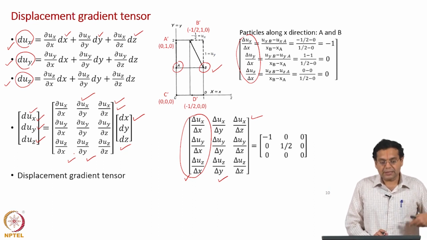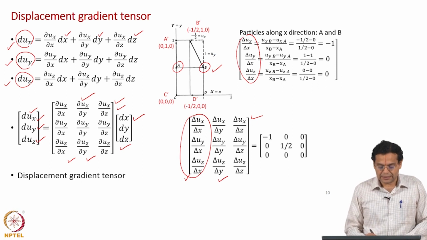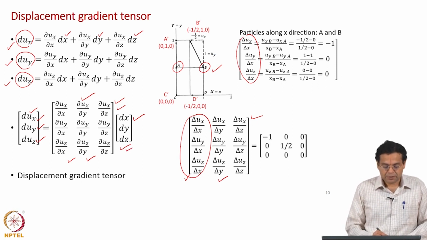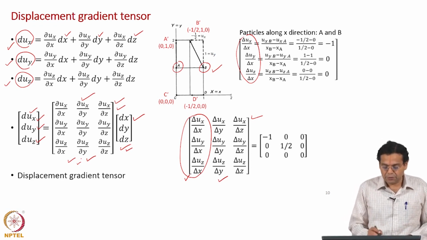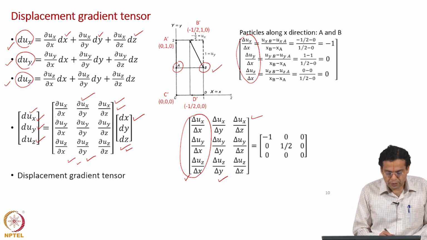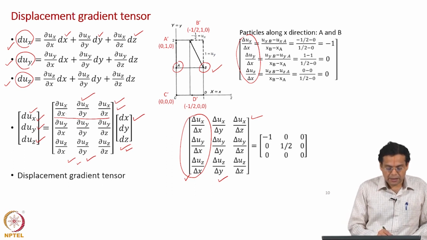Ux, uy, uz themselves have directions, x displacement, y displacement, z displacement. Each of them can vary in x, y, z directions, that is what is given here. So, the tensor connecting these two has 2 directions attached to it. Okay. And if you write in this way, one row corresponds to the x displacement along x direction, y direction and z direction.